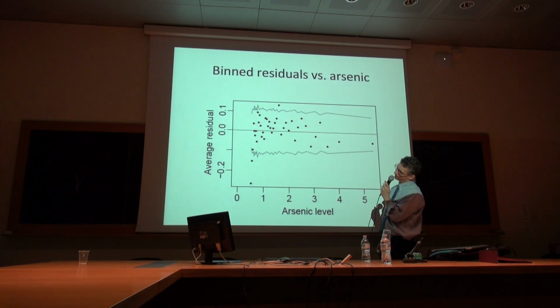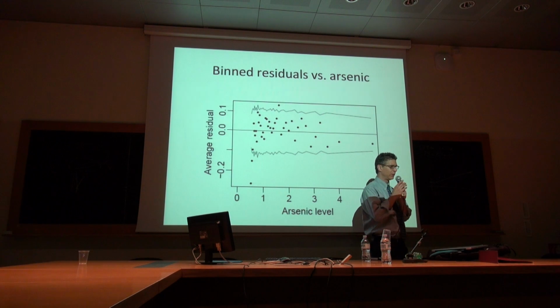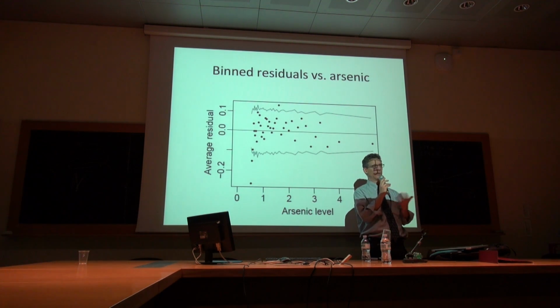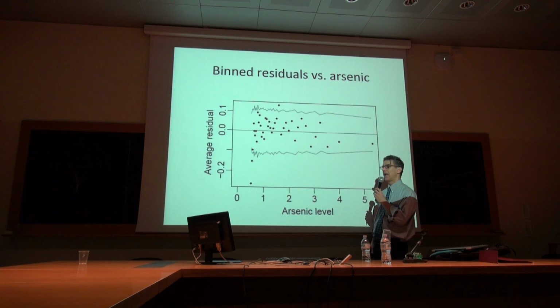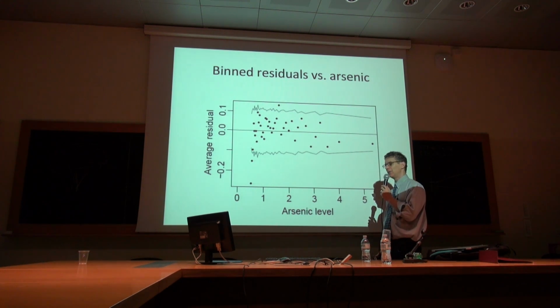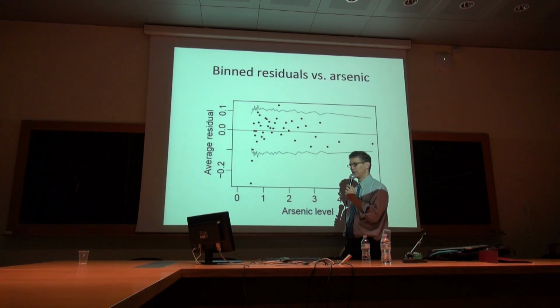So I looked at this and was thinking about it. Somehow, if your arsenic level is just a little bit over 0.5, you're less likely to switch. You're already less likely to switch, but you're even less likely to switch than the model would say. And I thought of doing a log transformation at this point on the arsenic level.